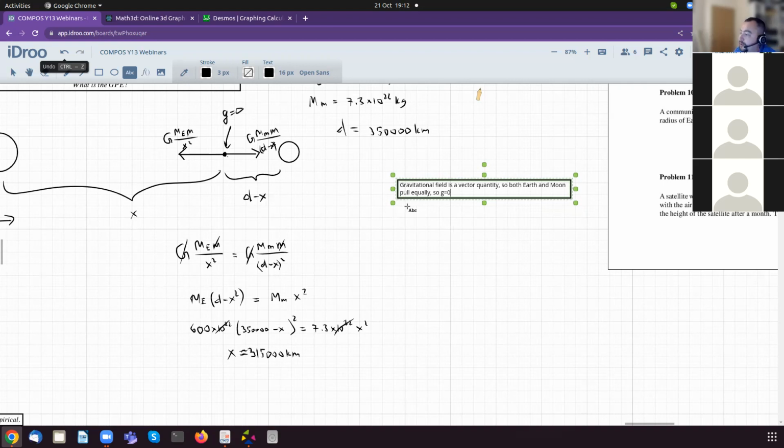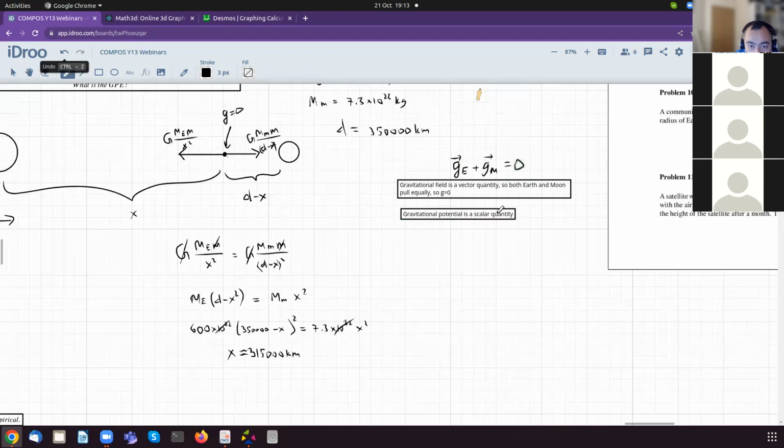However, the gravitational potential is not. Gravitational potential is a scalar quantity. So we have the gravitational field of Earth plus the gravitational field of the Moon, and you add them and you make 0.